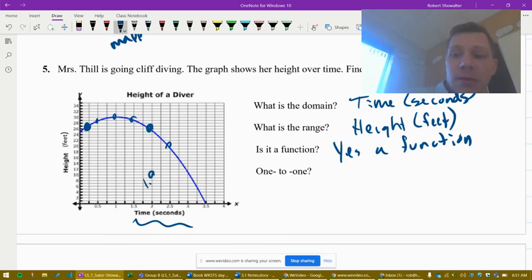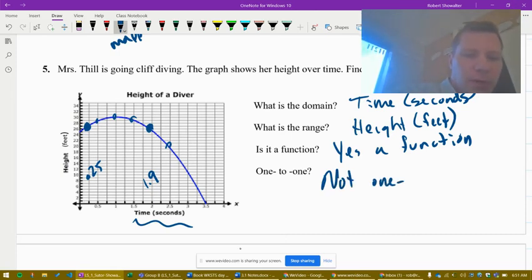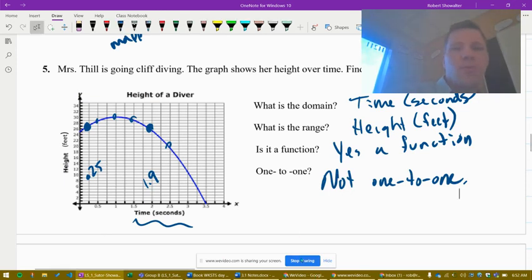Is it one-to-one? Are the y values doubled up? Well, if I have this point right here, she's at that height, and she's at that height again a second time. That means for both like 1.9 seconds and like 0.25 seconds, she's at the same height, which would get doubled up. Therefore, it's not one-to-one.